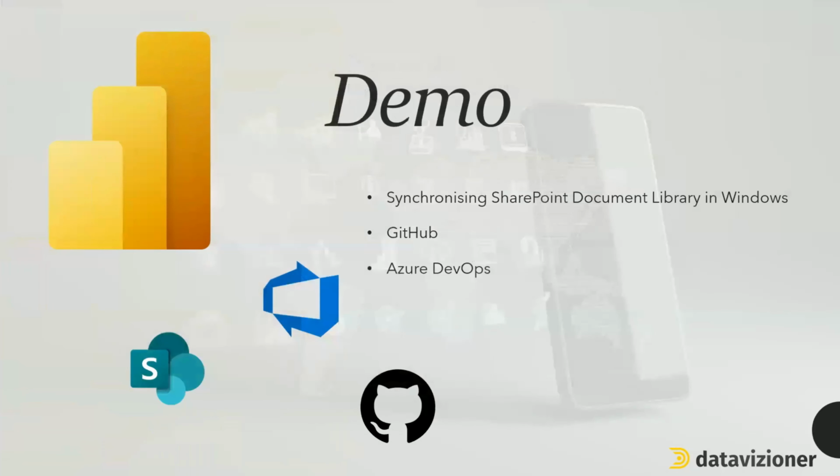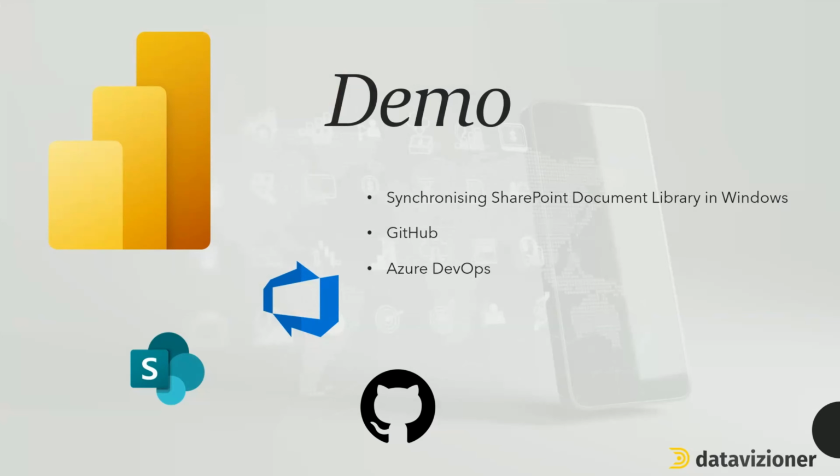At this point, I'm finishing with the slides, and if there are any questions, I'm happy to take some of them. Otherwise, I have planned three demos for tonight. One is synchronizing a SharePoint document library with Windows, and I will show you how it works.